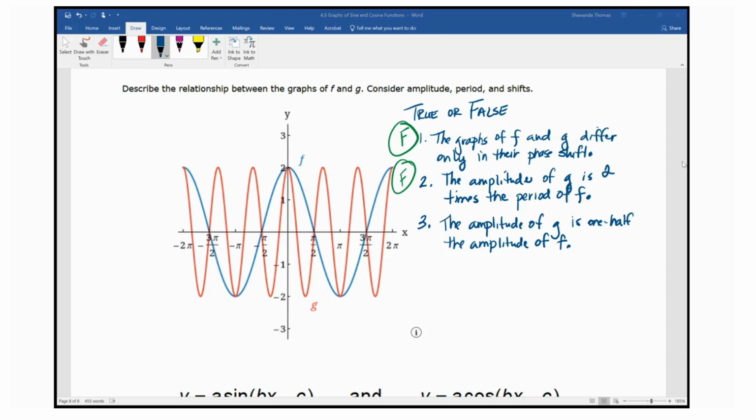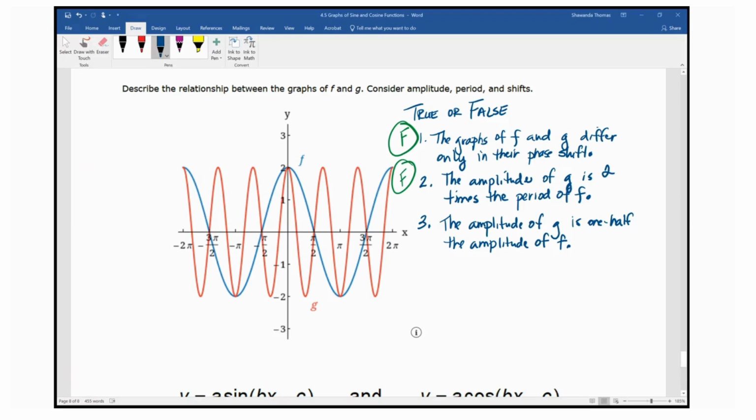The amplitude of G is 1/2 the amplitude of F. True or false? False. Boy, why you say false, DeAndre?